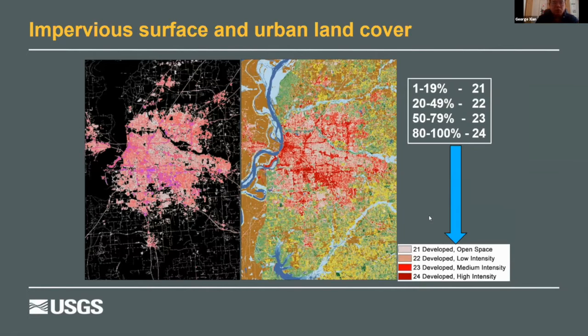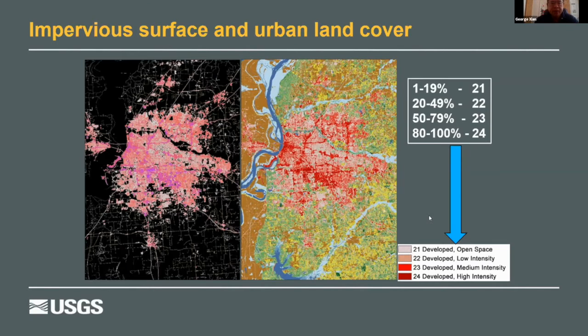When we measure the percent impervious surface, for example from 1 to 100%, we can convert this information to semantic land cover: 1 to 19% we label as 21, called open space development, 20 to 49 we call low intensity development, 50 to 79 we call medium intensity development, and 80 to 100% we call high intensity development.